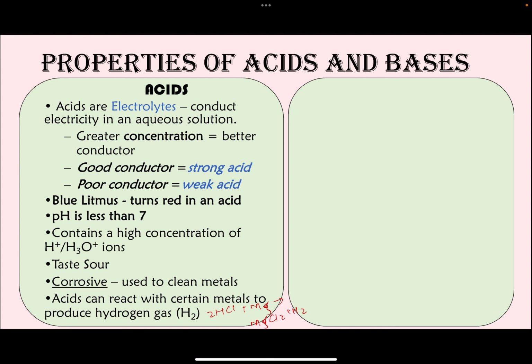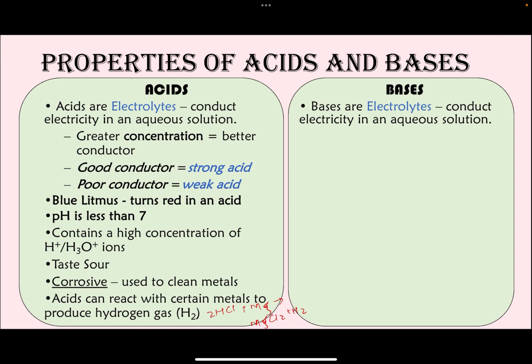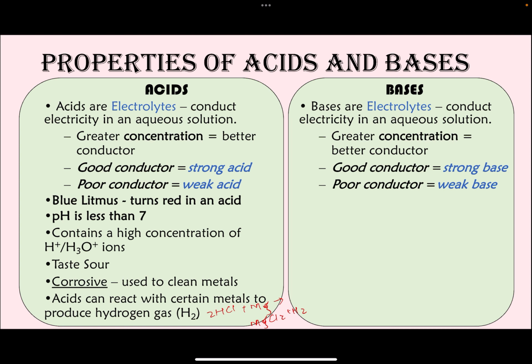Okay, so let's talk about some properties of the bases. Bases are also electrolytes, meaning when they are in solutions, they can conduct electricity. If we have a greater concentration of a base, it's a better conductor. So a good conductor means a strong base, and a poor conductor means a weak base. They turn red litmus blue and they normally have a pH greater than 7.